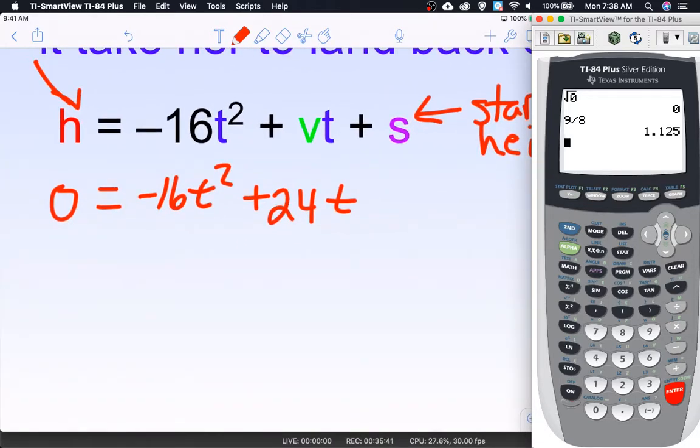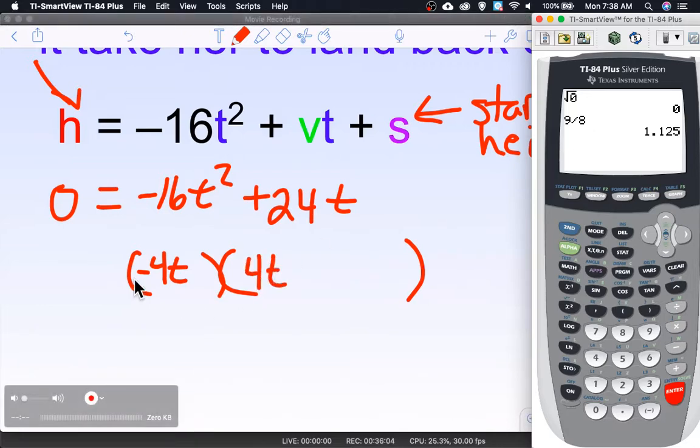So I'm going to factor. Out of those two terms, I can pull out a 4t, or a negative 4t. Let's do negative 4t this time. Let's see how it's different. Which means on the left hand side, I'm going to have a positive 4t. Negative 4t times positive 4t is a negative 16t squared.